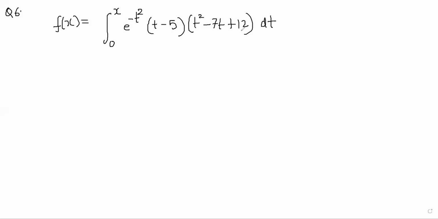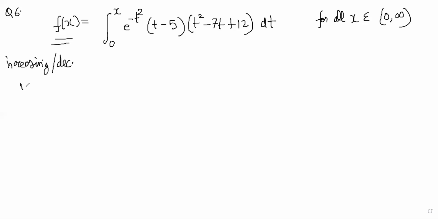This is f of x for all x belongs to 0 to infinity. You have to find what is the local minima, maxima, when is the function increasing, decreasing, when is its maxima, minima happening? These type of things are the question.